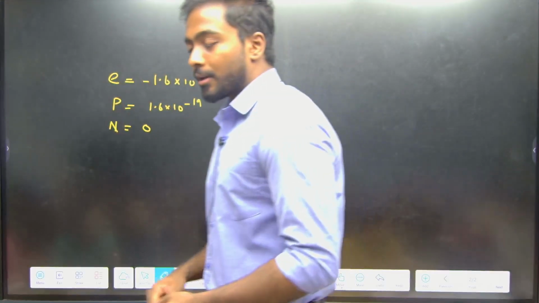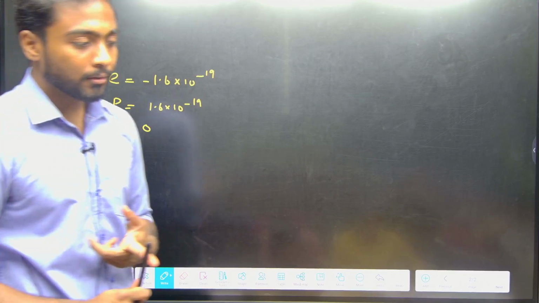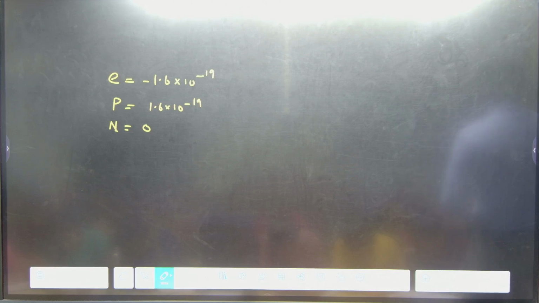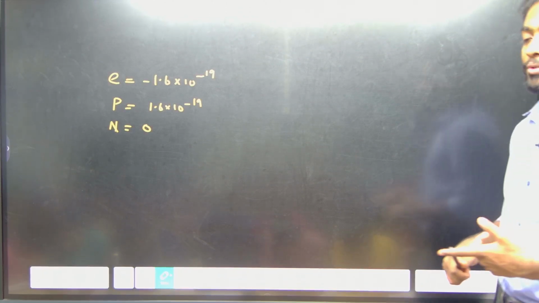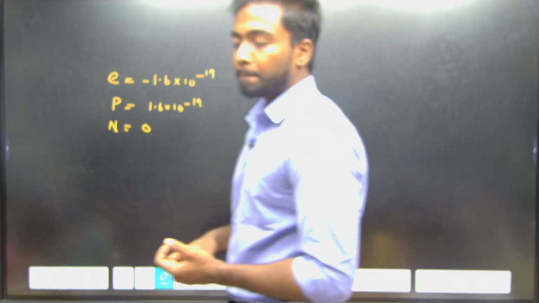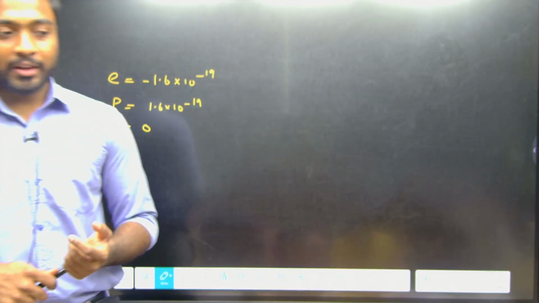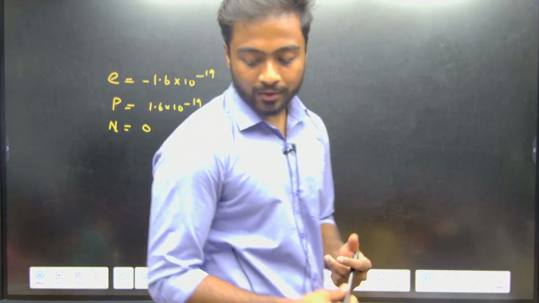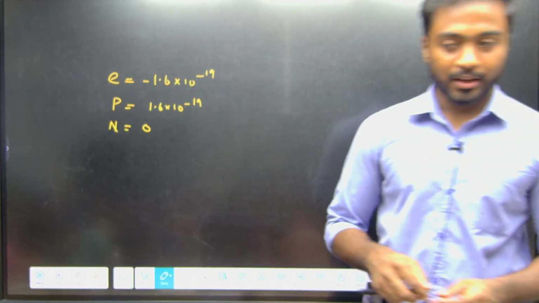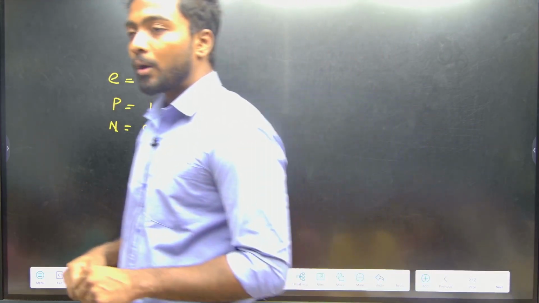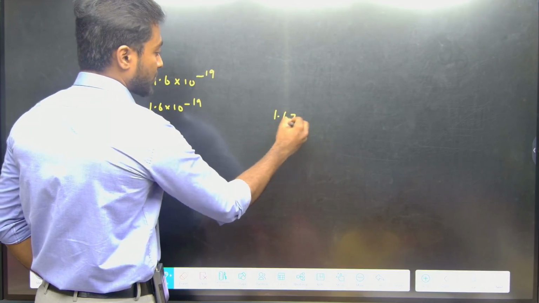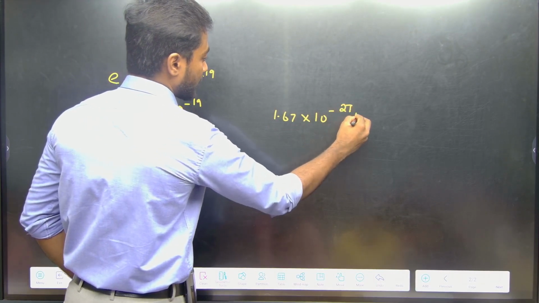Okay, write down: the mass of the proton is equals to the mass of the neutron, which is equals to 1.67 into 10 power minus 27 kg.